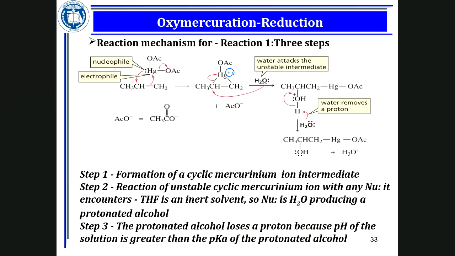Which one would take the plus charge easier? CH would, because CH is attached to another alkyl group, which is an electron donor. So H2O is going to attack the CH and form a bond with the CH. The plus charge comes in, and the triangle is going to break.